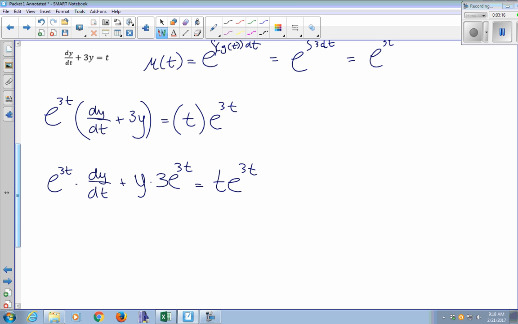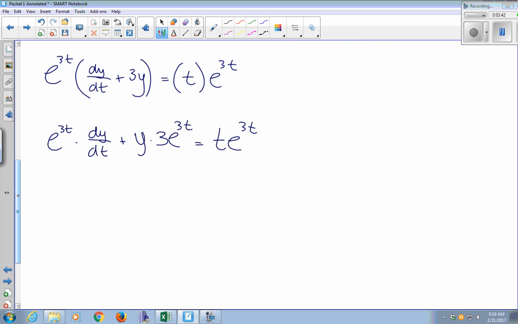I changed the order of the multiplication a little to help us recognize the product rule. On the left-hand side, we've got e to the 3t times the derivative of y plus y times the derivative of e to the 3t, which is 3e to the 3t. That's the product rule: first times the derivative of the second plus the second times the derivative of the first.